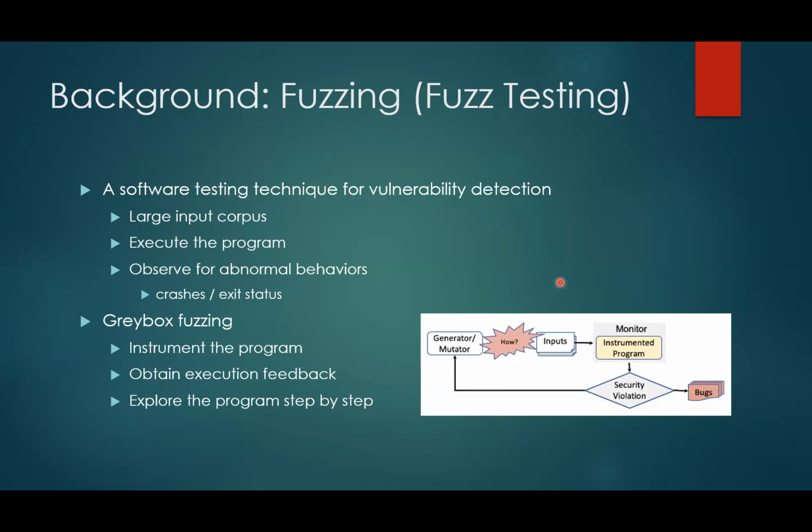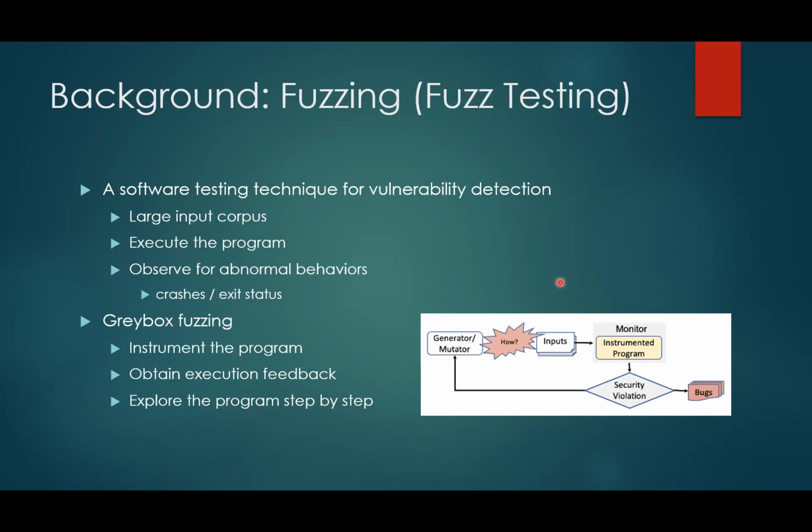We execute the program with a large amount of randomly generated inputs, and because we are executing the program, we can observe its behaviors. We observe for abnormal behaviors like crashes or unexpected exit status. If there's a crash, there may be a vulnerability.